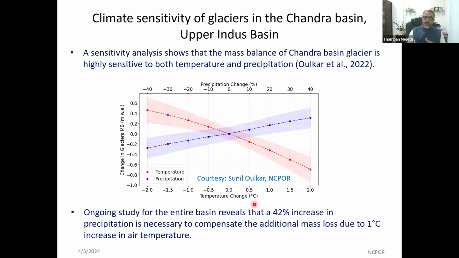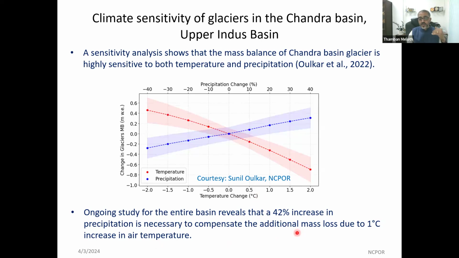So the sensitivity of these glaciers has also been studied, and there is a clear sensitivity towards temperature and precipitation. The ongoing study very clearly says that the temperature sensitivity is very high, and the entire basin study reveals that nearly a 42% increase in precipitation would be required to compensate for the additional mass loss from a 1 degree Celsius increase in air temperature.